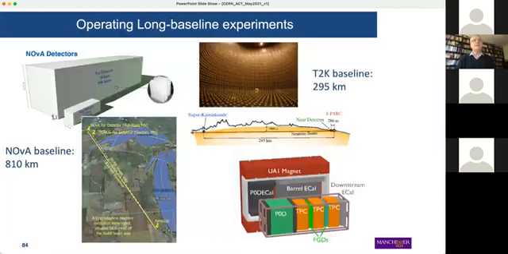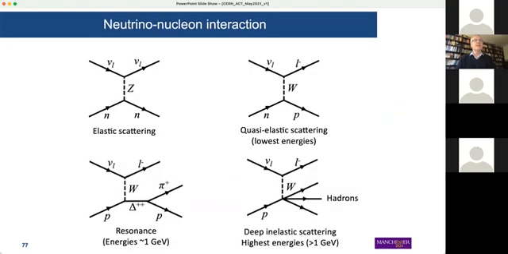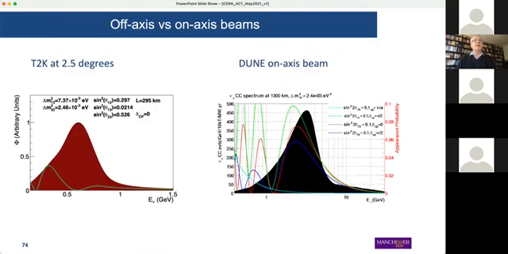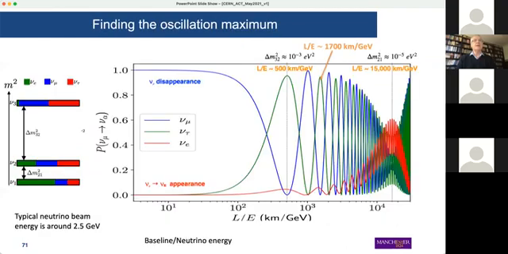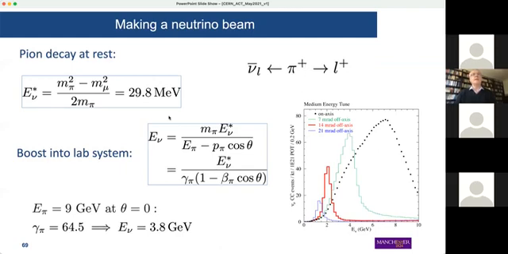Yeah, I see that. So the question is, why is the beam narrow for the off-axis case? But this is just a kinematic effect from boosting this decay in the rest frame into the lab system.